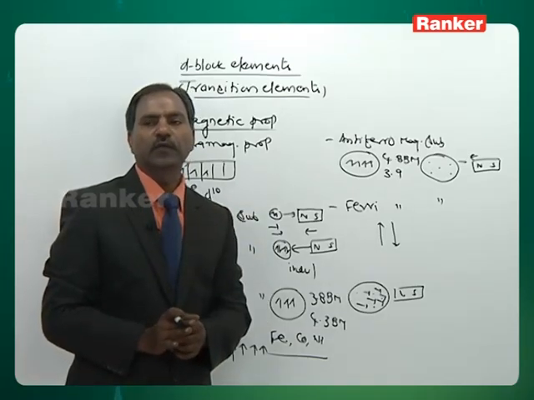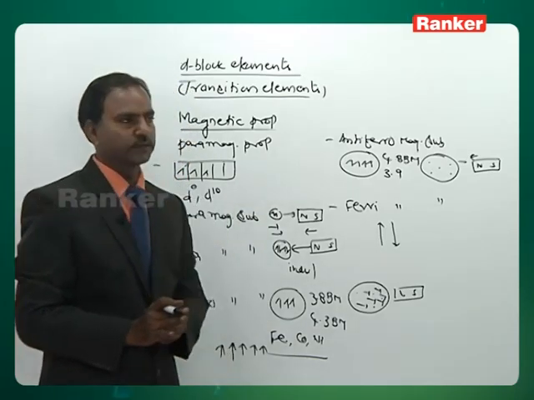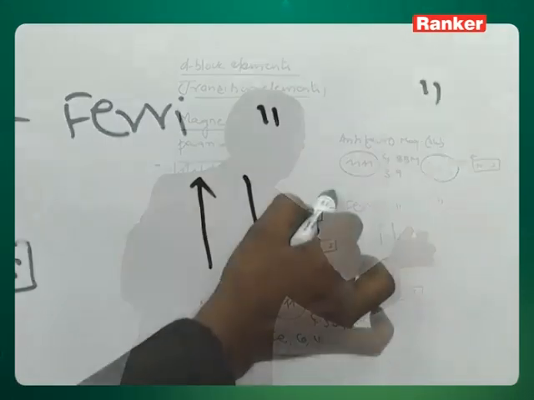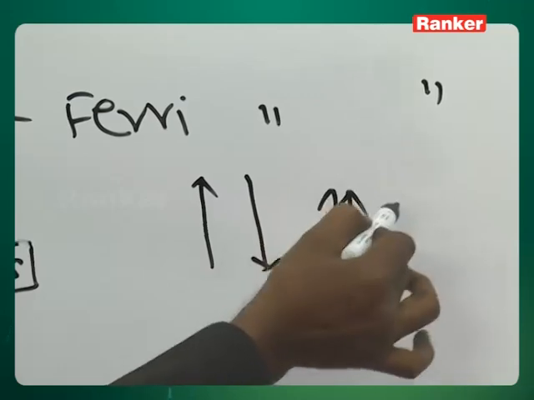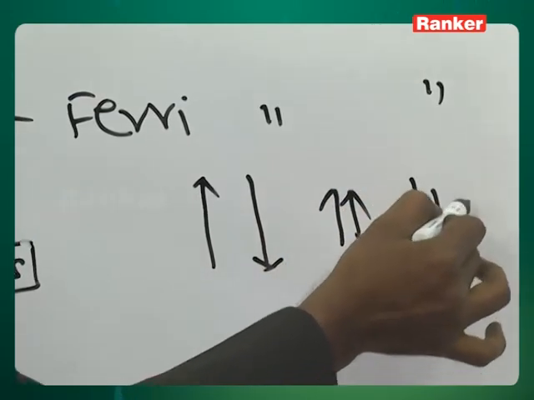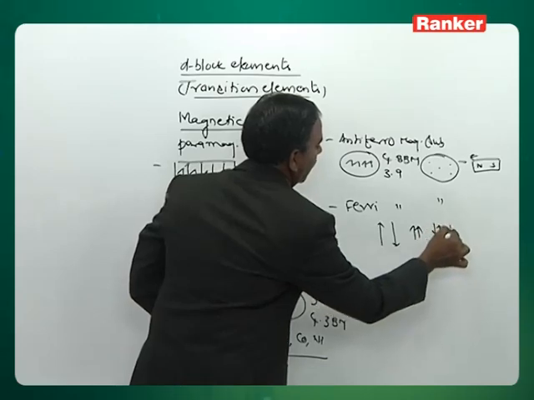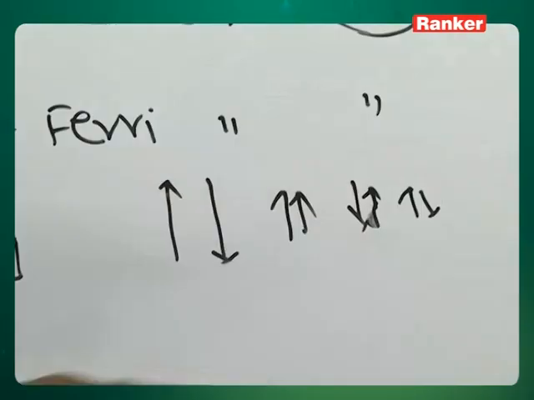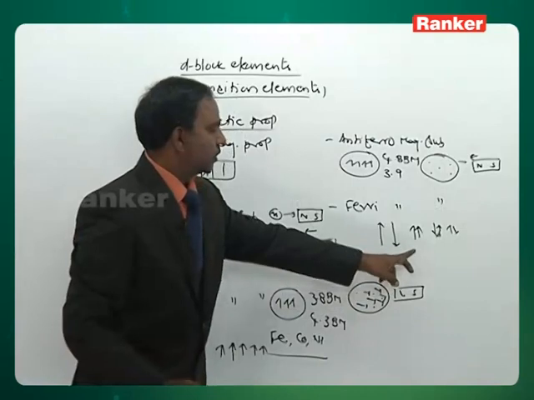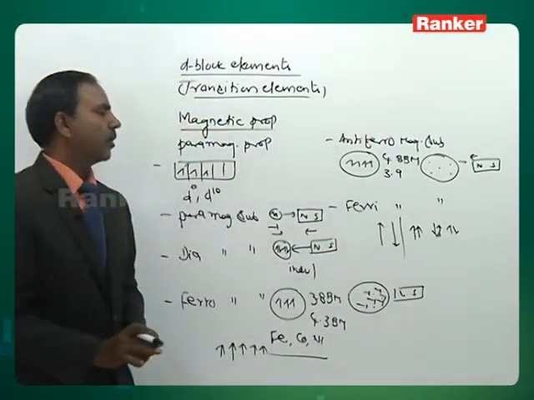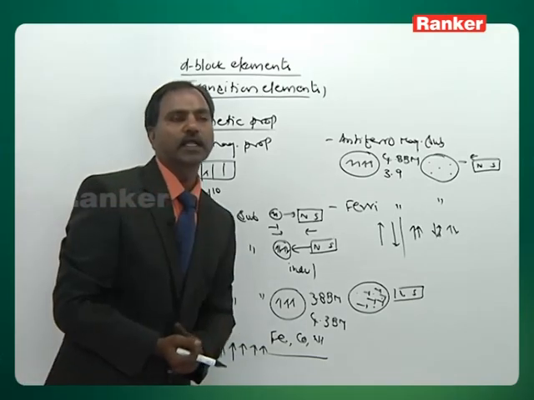Such a substance we call what? Ferrimagnetic substance. In a ferrimagnetic substance, some magnetic moment vectors I write like this, and some opposite to each other. These two are opposite to each other, and these two are working in the same direction. Such a substance we call ferrimagnetic substance.